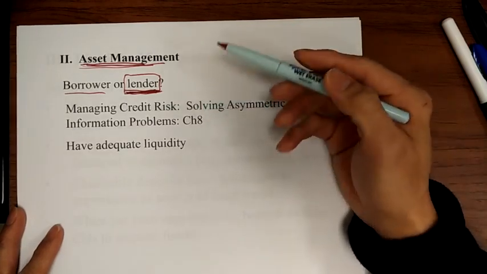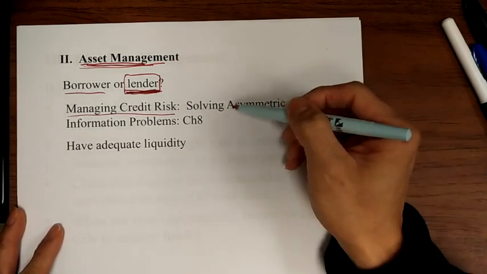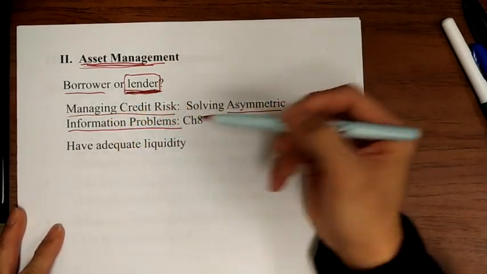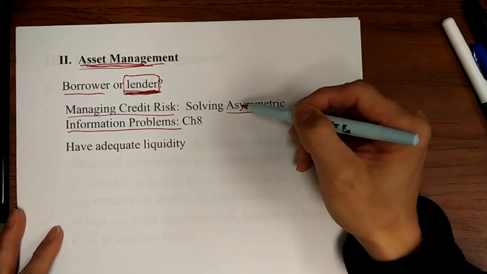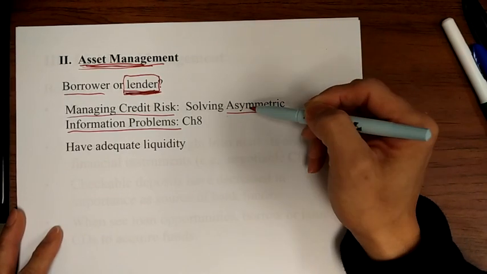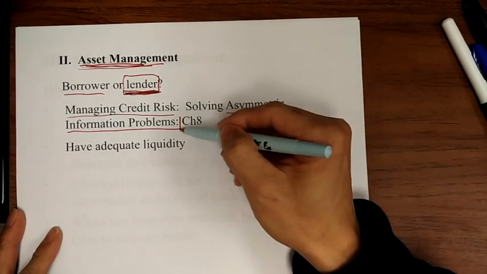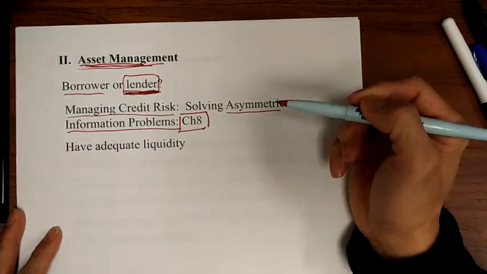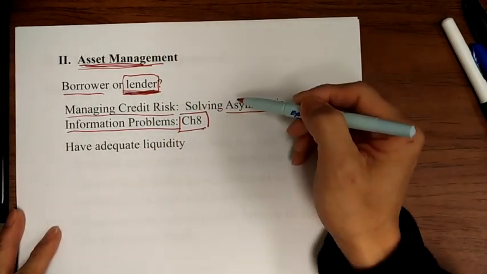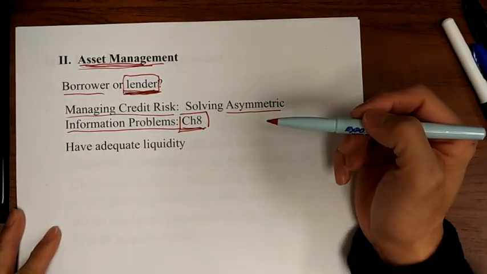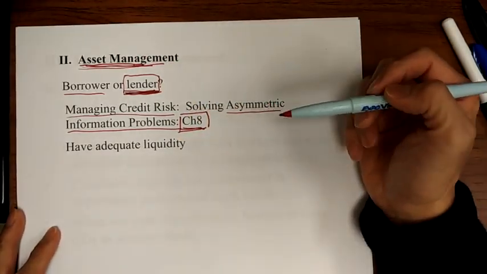Therefore, your job is to manage credit risk. You have to solve the asymmetric information problem because you are the victim of it. So we spend the whole chapter 8 talking about how to solve the asymmetric information problem, and you are the one to solve this problem if you are an asset manager.